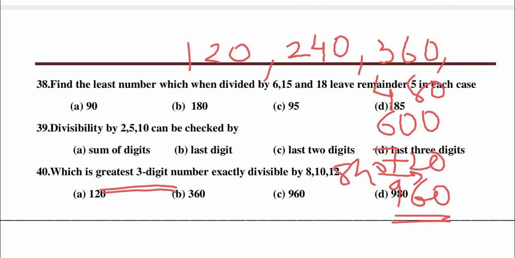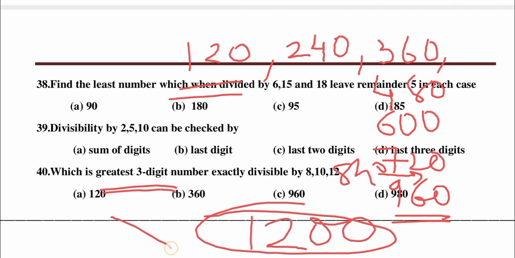Here I get 960. If I multiply by 10, it will be 1200, but it has 4 digits, right? So the greatest 3-digit number which is divisible by all is 960, right?